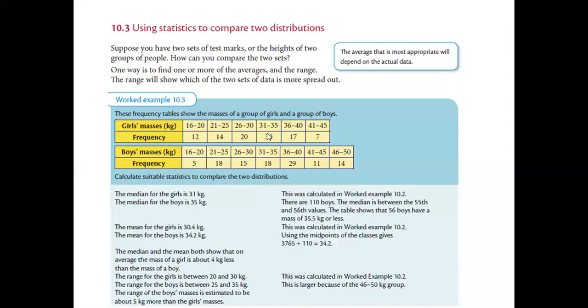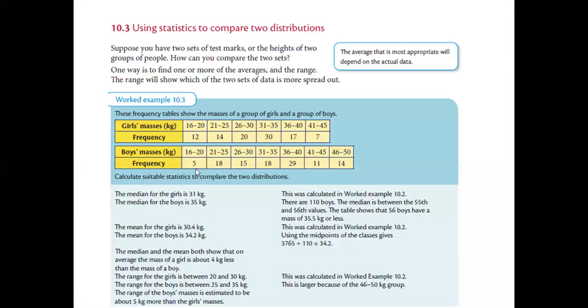If you remember, it was in the previous title's example. As you see here, this was calculated in worked example 10.2. If you remember the last lesson, we had learned it. So the median was 31. Okay, 31.